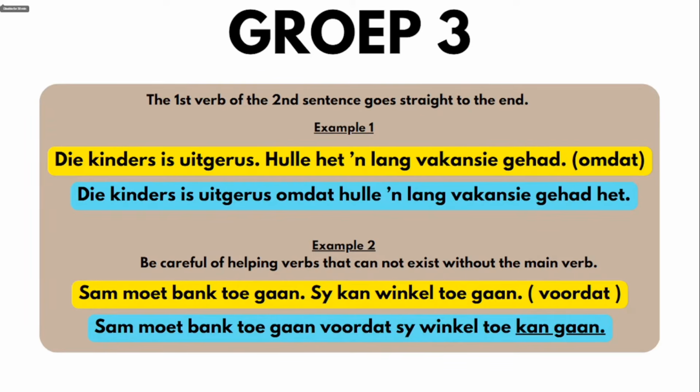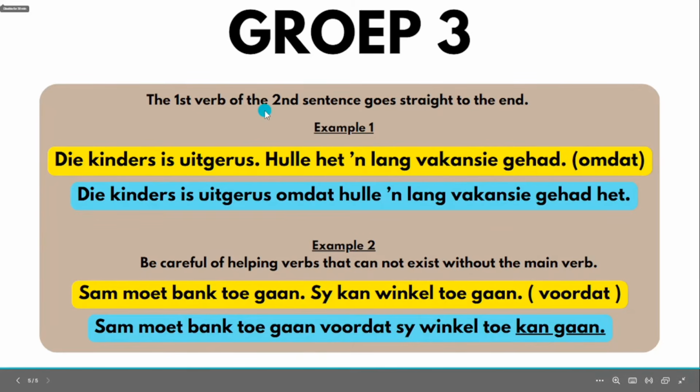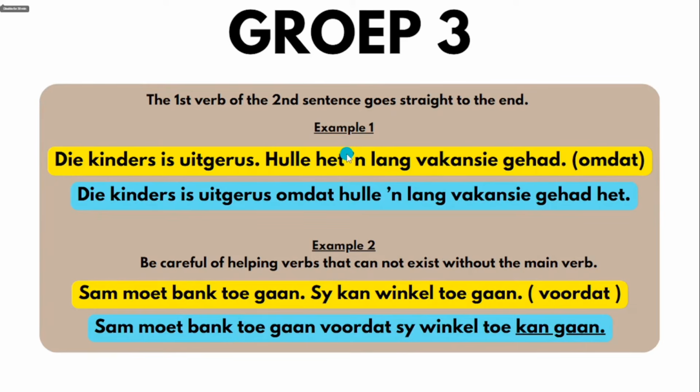Second sentence, hulle het 'n lang vakansie gehad, and you're given omdat. So it says that the verb of the second sentence, which in this case is het, must go to the end. So the answer is die kinders is uitgerus omdat, conjunction, hulle, then you took out het here and you put it at the end, omdat hulle 'n lang vakansie gehad het.